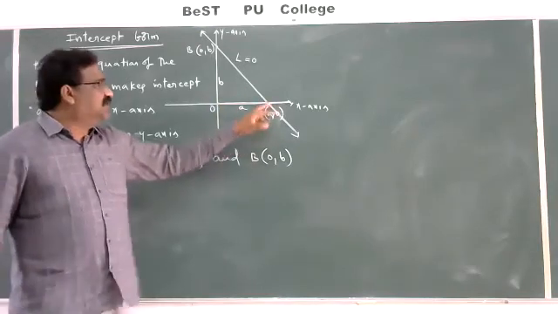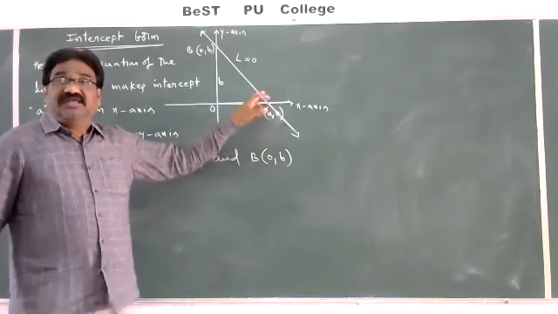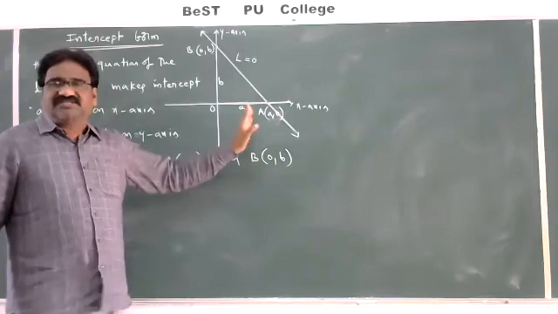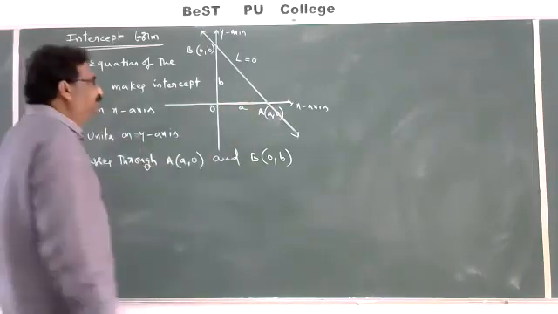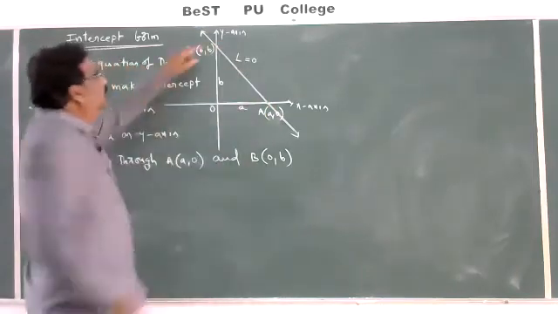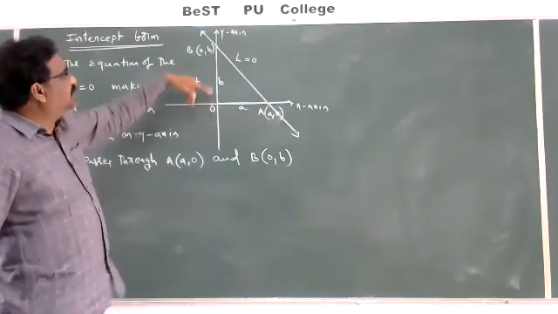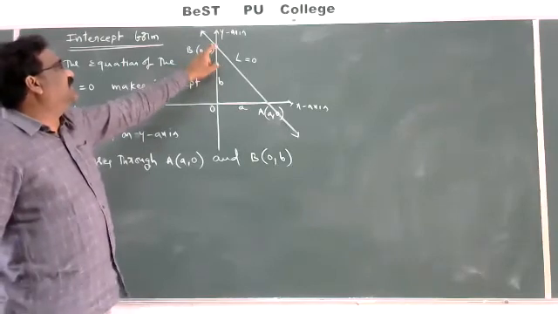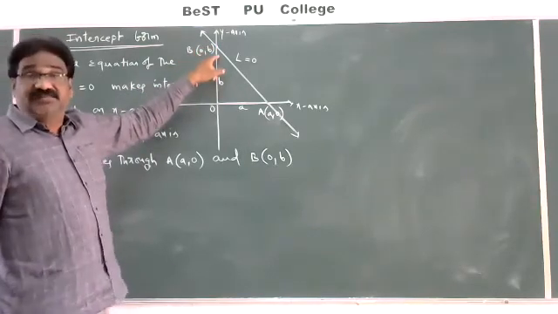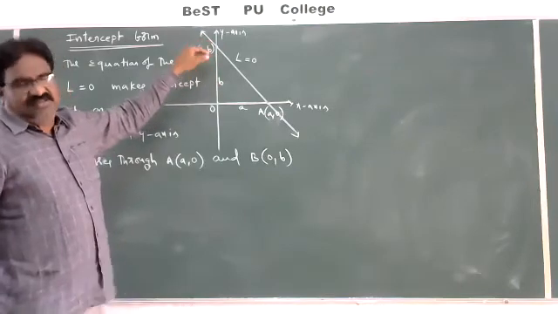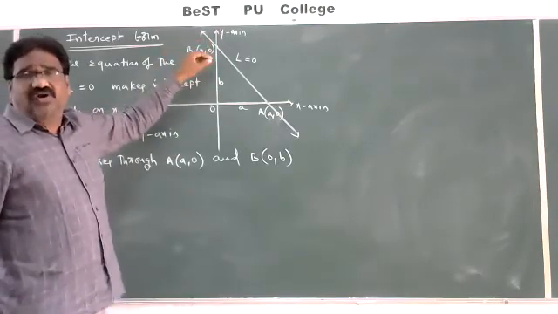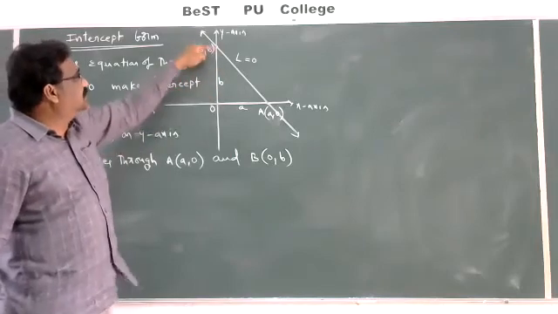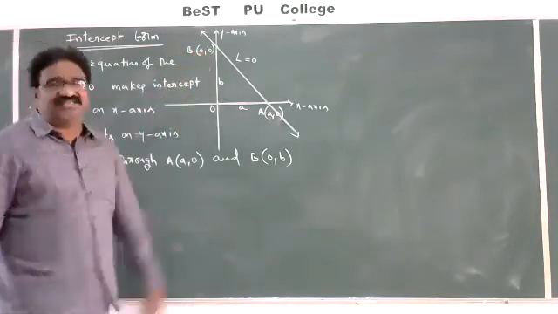That's why the point on x-axis is a comma 0. The point on x-axis always has y value 0. That's why capital A is a comma 0. And the same line meets the y-axis at a distance of b units from the origin. That's why it meets the y-axis at 0 comma b. That means the value of x coordinate on y-axis is 0. This distance is b. That's why this point is 0 comma b.